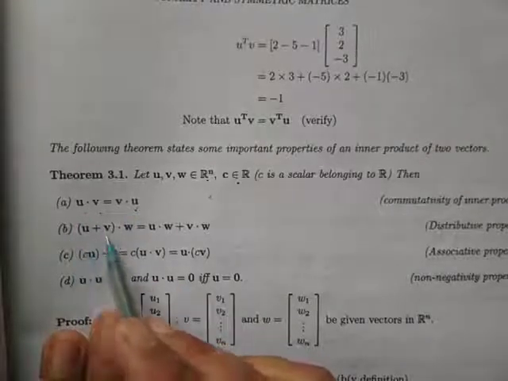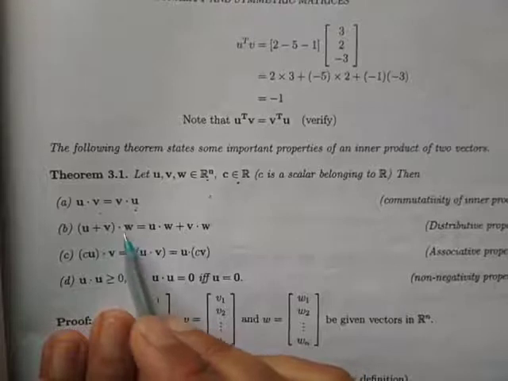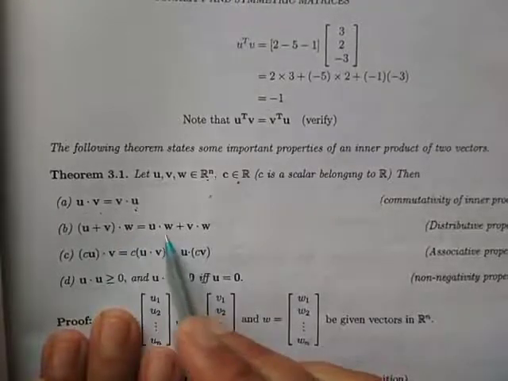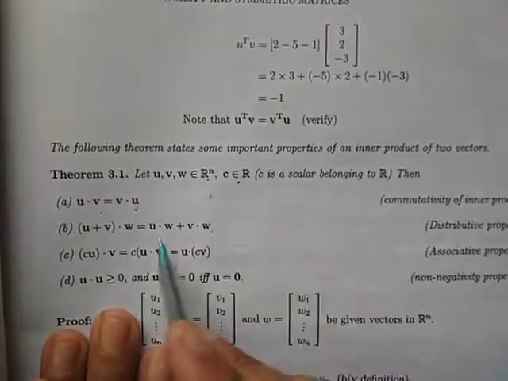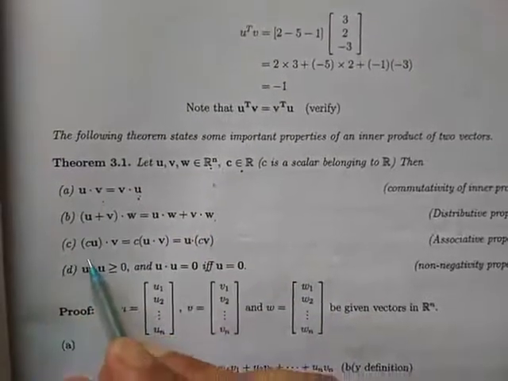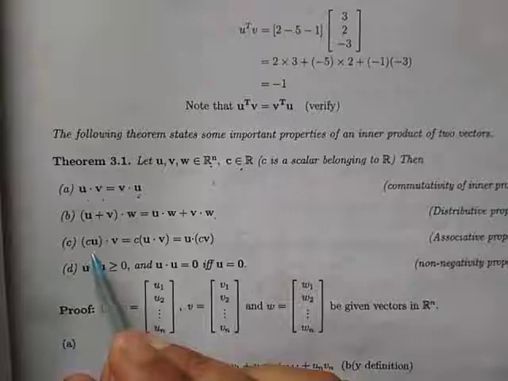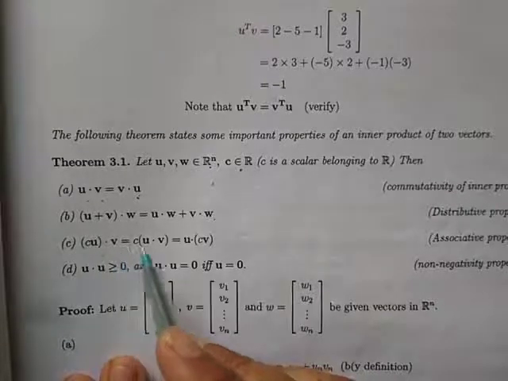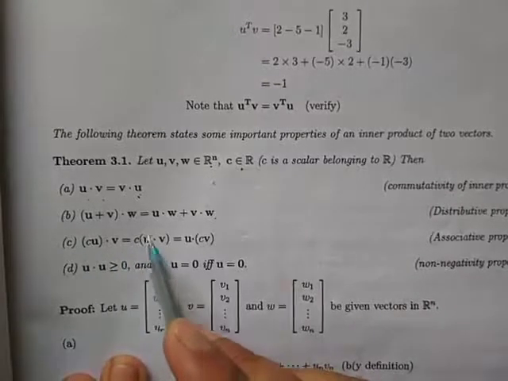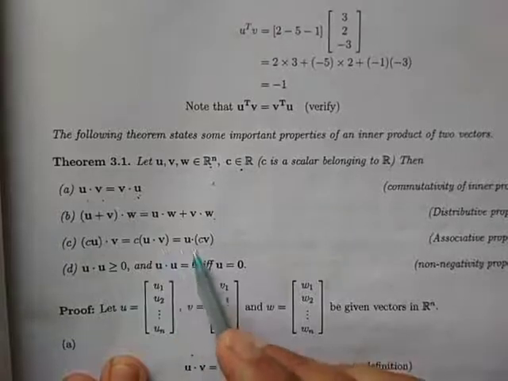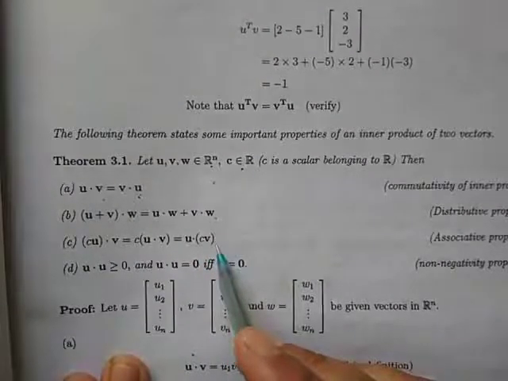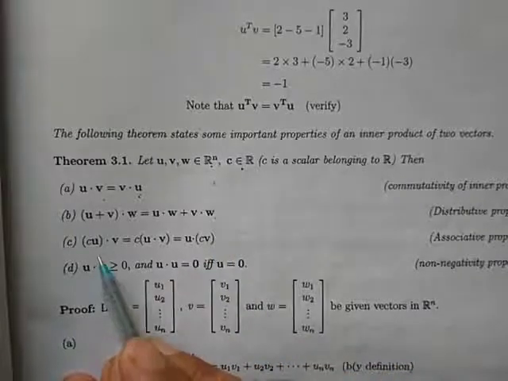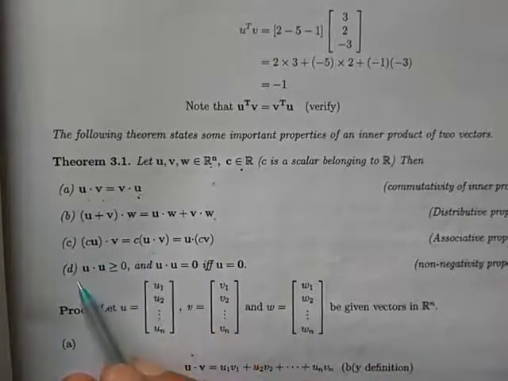Second, (u plus v) dot w is equal to u dot w plus v dot w. It is the distributive property. Third, (c u) dot v is equal to c times (u dot v), which is equal to u dot (c v). Okay. This is the associativity property.